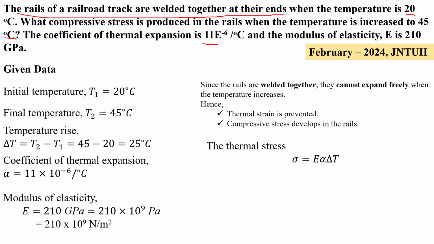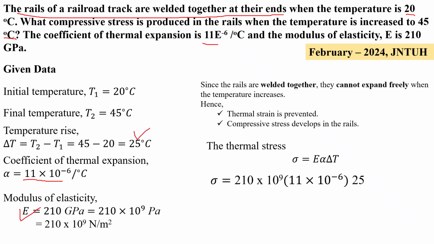We know the equation for thermal stress: sigma equals E alpha delta T. Here in the data, E is 210 into 10 to the power 9, the alpha value is 11 into 10 to the power minus 6 per degree Celsius, and the temperature rise delta T is 25 degrees Celsius.